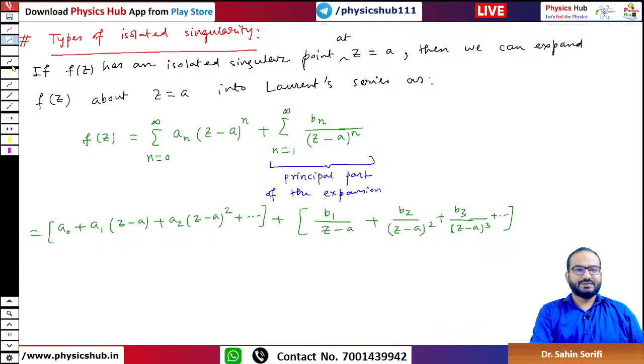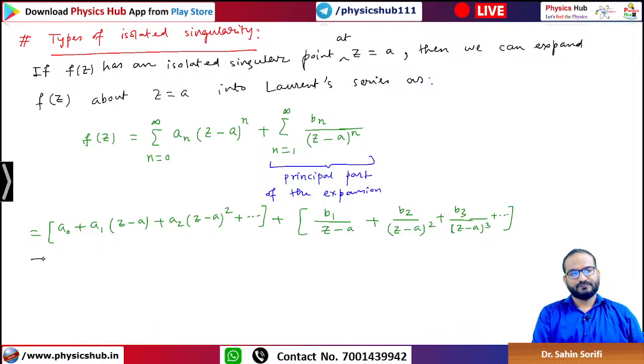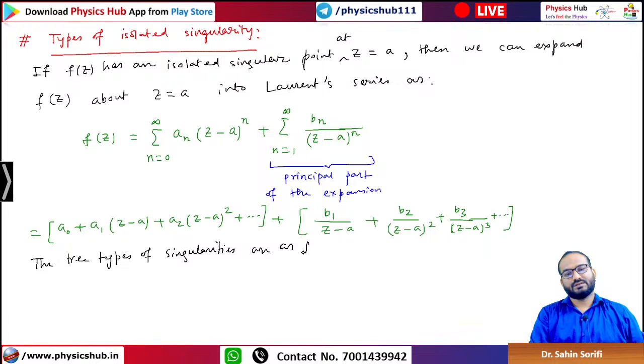Now based on this, the three types of singularities you will get are as follows.